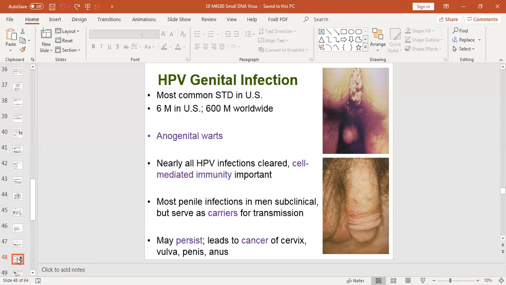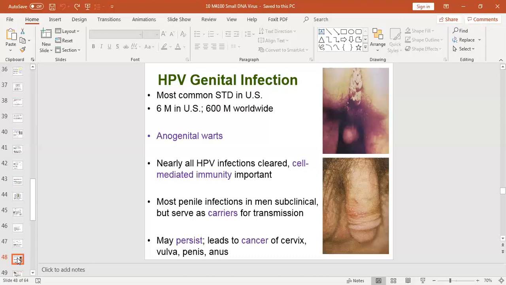Initially, nearly all HPV infections are cleared thanks to the host immune response. And the immune arm of the host that clears HPV infection is cell mediated. So we're talking about the phagocytes, T cells, etc.